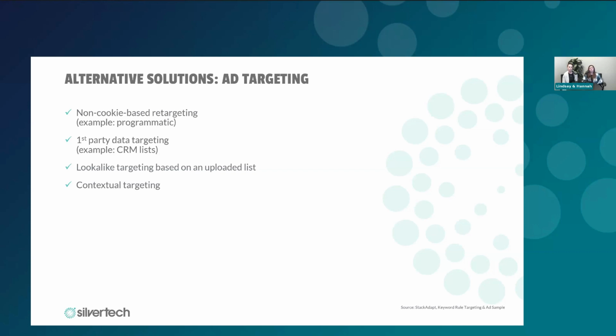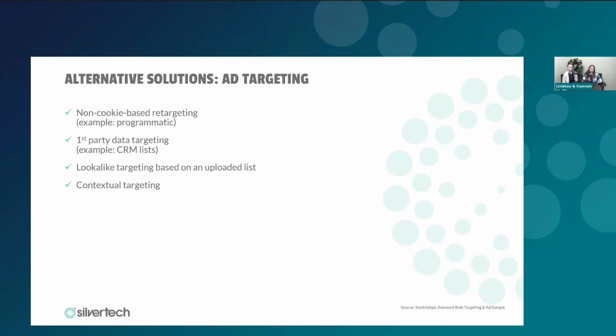Option number 2. So let's say that's not quite an option. It doesn't fit in your media mix. First-party data targeting is a great tactic. First-party data is those CRM lists you already have, that data you're already collecting. So this data is right at your fingertips. It's customer information you might have, and you can leverage it within your marketing strategy to really drive people down that funnel.